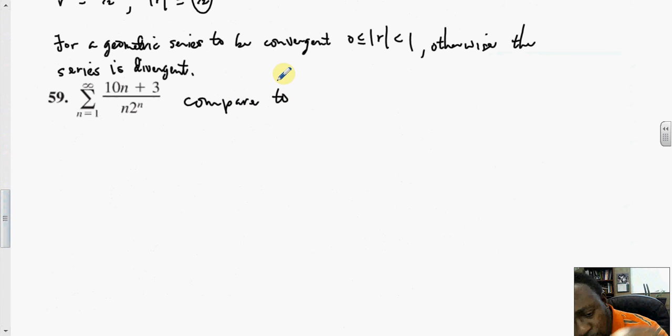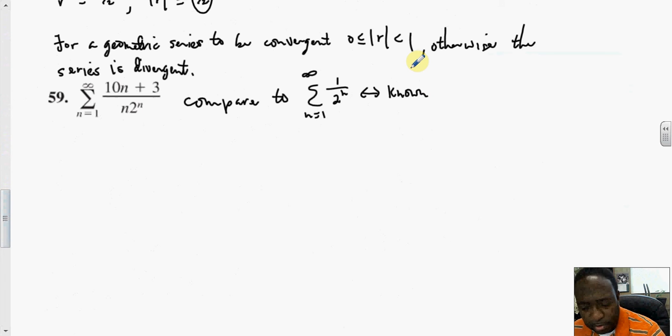So compare it to the summation as n goes from 1 to infinity of 1 over 2 to the n. So this guy is a known convergent series.